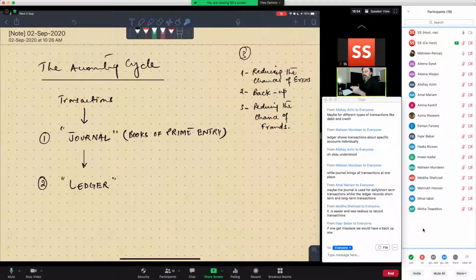But usually in larger organizations, there are separate bookkeepers. Some are deployed in maintaining the books of prime entry or journals. Some are deployed to just maintain ledgers. So if you have two different groups of individuals and you feed them with the same set of transactions, there is always a natural check and balance. And that check and balance help you to avoid the chances or possibilities of fraud.